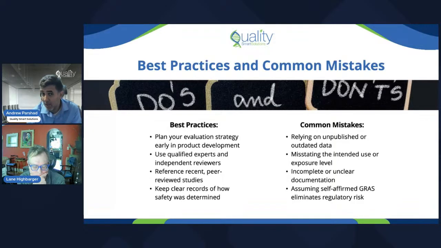Common mistakes that are made, and Lane can also jump in here with what he's seen over time: relying on unpublished data or outdated data, misstating the intended use or exposure level in that section of the dossier, and the documentation being unclear or incomplete. And this is not related to the dossier writing, but assuming that self-affirmed GRAS eliminates any regulatory risk, right?